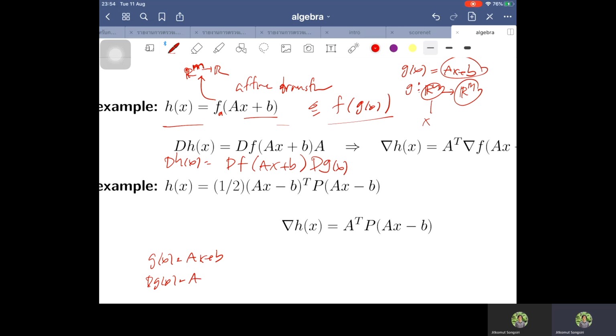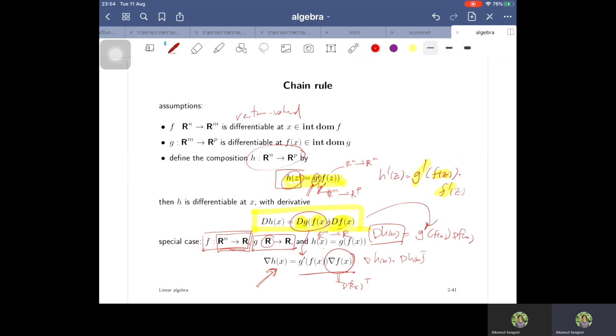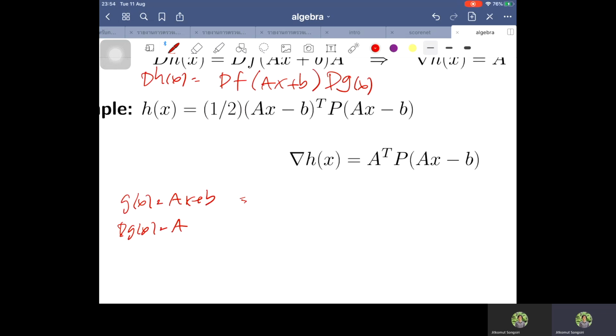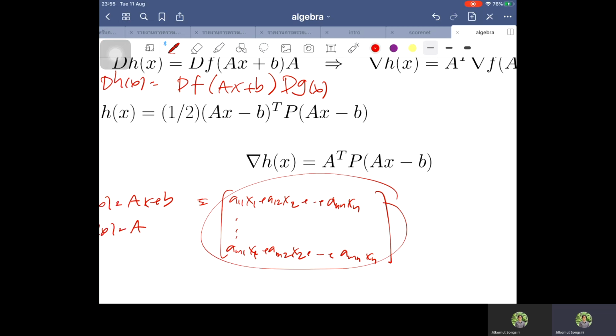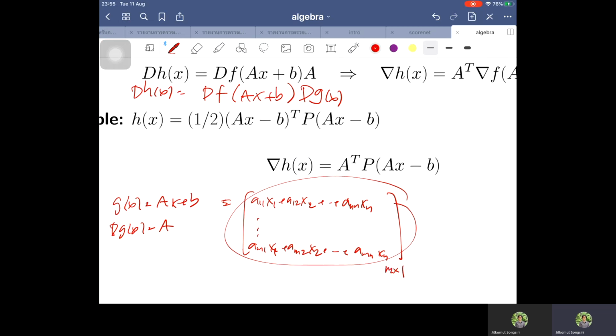It's going to be A. Just expand this matrix vector multiplication, with A being n by n and x being m by 1.